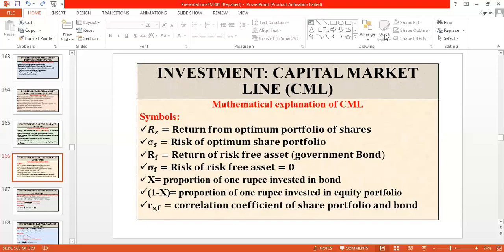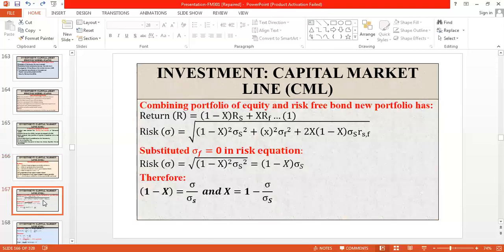This particular term is very important because we will calculate the risk and return of the portfolio consisting of the risk-free bond and equities by using the Markowitz concept. That we are going to do now in our next slide. So look at this slide. We are combining a portfolio of equity and a risk-free bond. How will it be done?